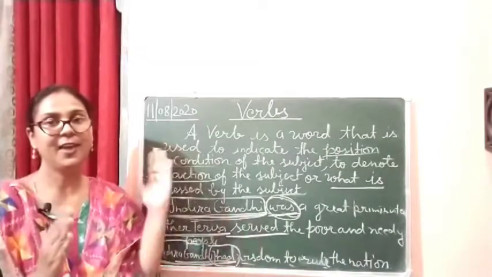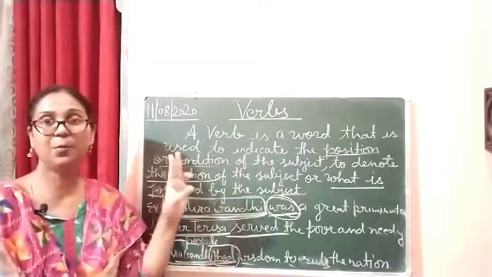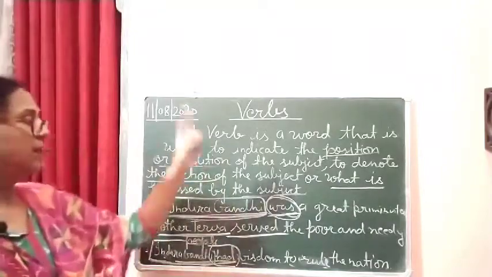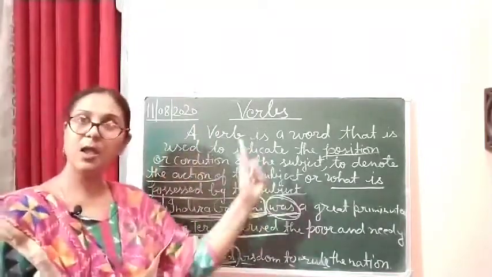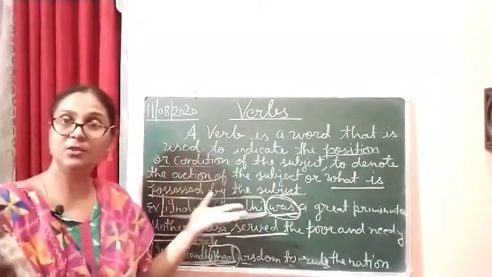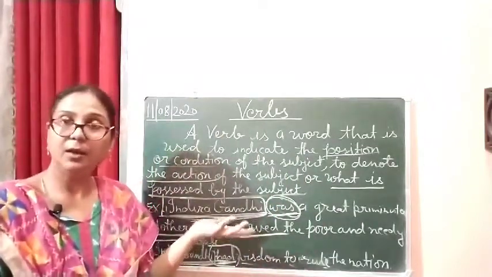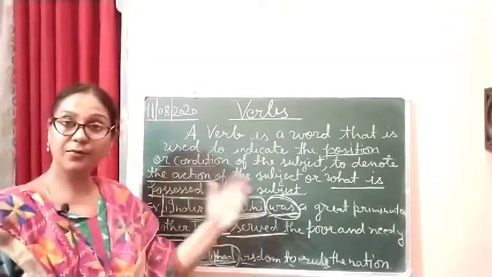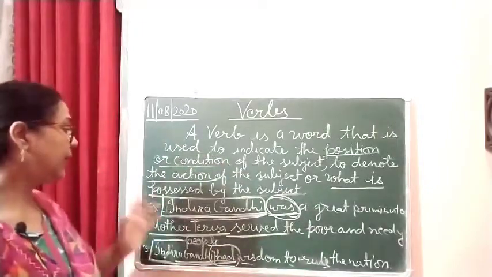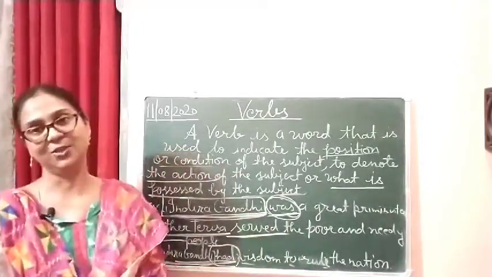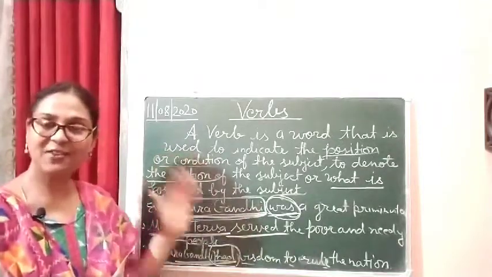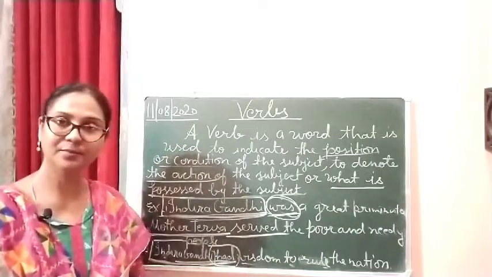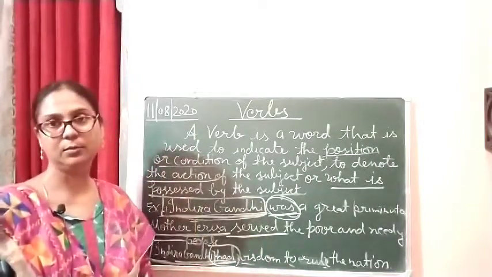But there are 3 points that we have to always consider in verbs: the position and condition of the subject, the action of the subject, and what is possessed by the subject. 3 points, 3 examples I have given you to understand the definition of verb. That is very important for you.